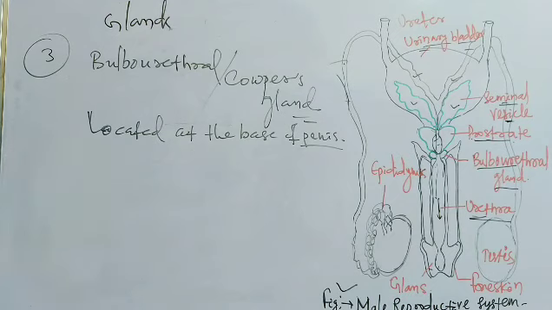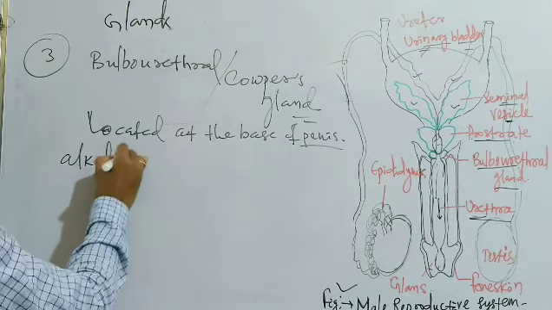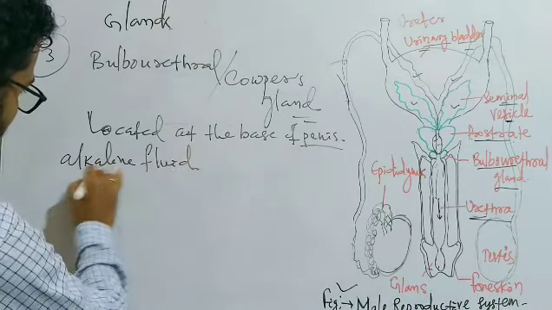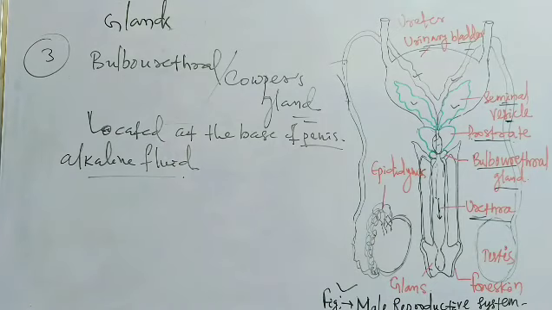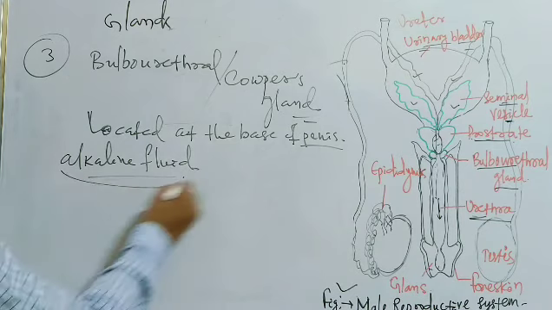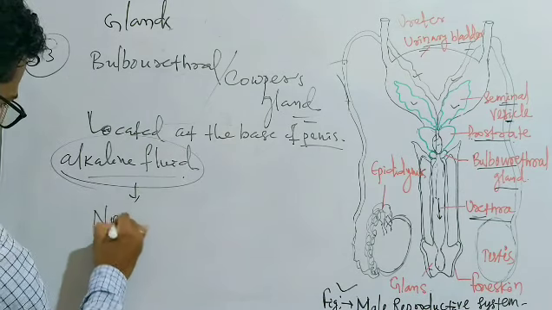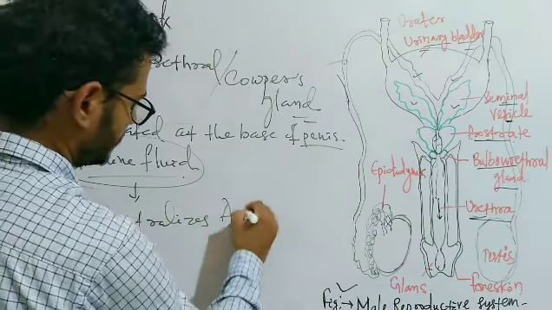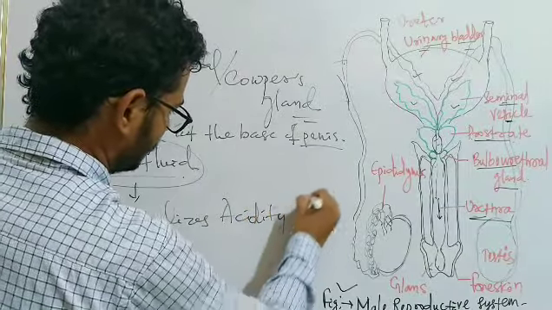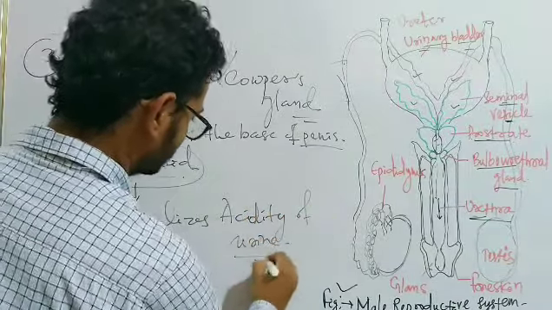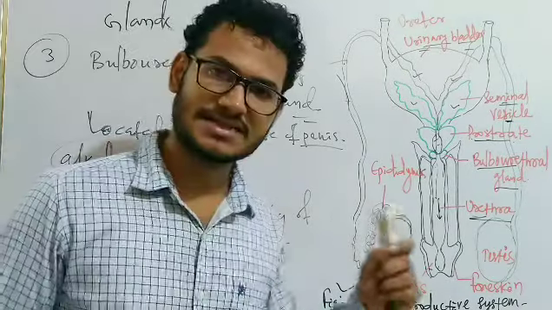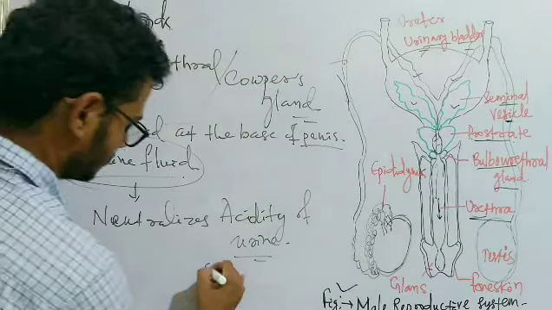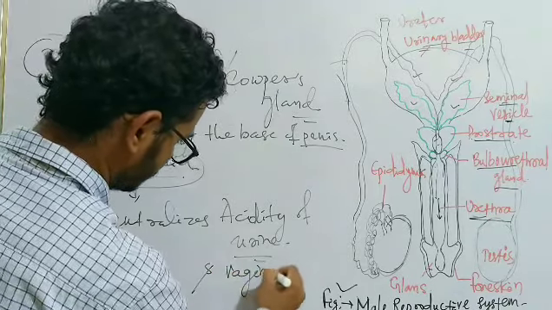Okay, in response to sexual stimulation, the bulbourethral gland secretes alkaline fluid. It secretes an alkaline fluid during sexual excitement, and this alkaline fluid neutralizes the acidity of urine, and it also helps in neutralizing the acidity on the surface of the vagina.